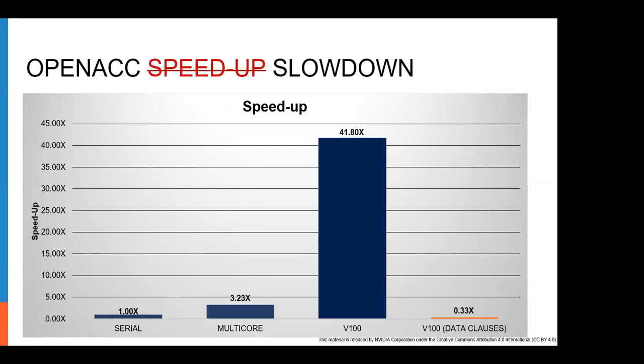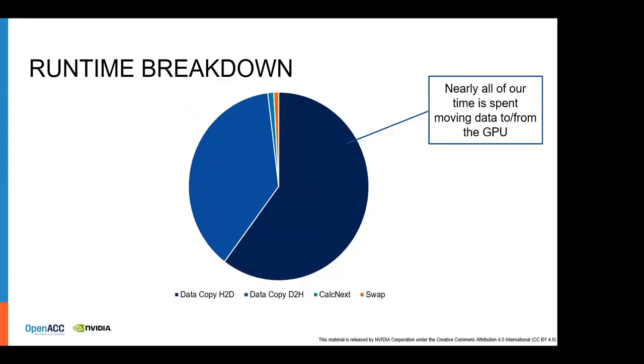When we do that, we compile and we run. We have this extraordinary slowdown. Now our code is 41 times slower than the serial code. So what is happening?